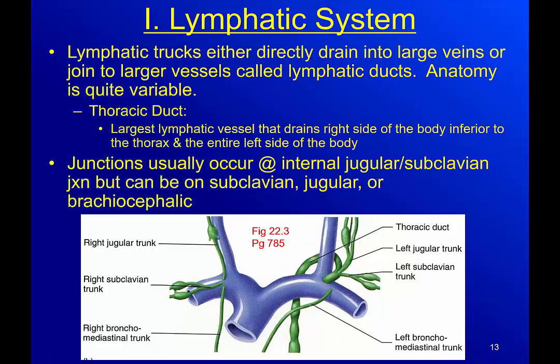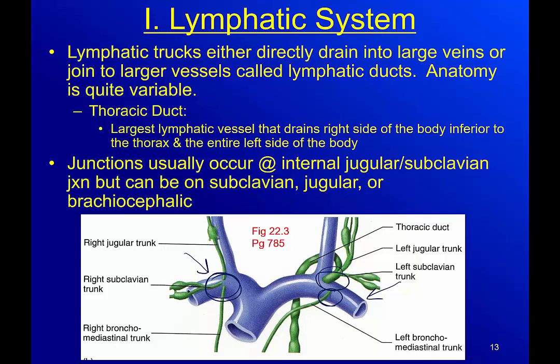Here are the trunks. You can see that they're actually attached to the subclavian vein. All right, so here's the deal. Your lymphatic system is very different depending on how genetics made it grow.